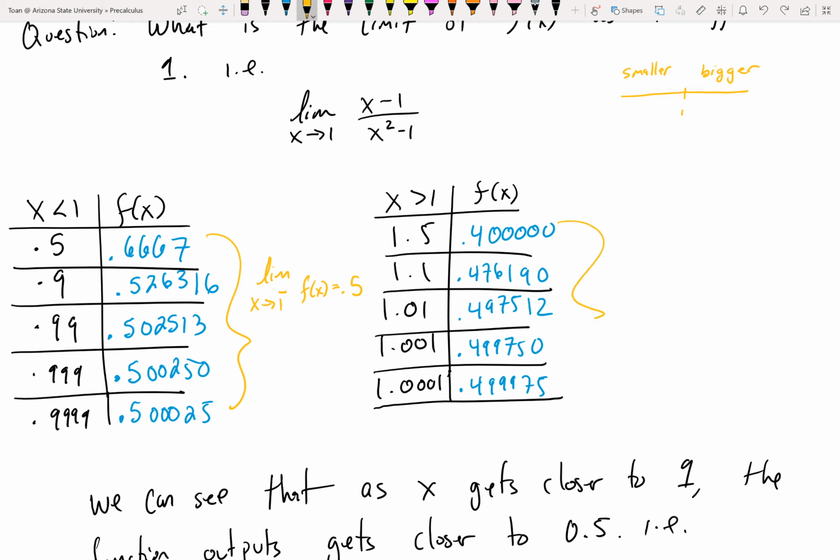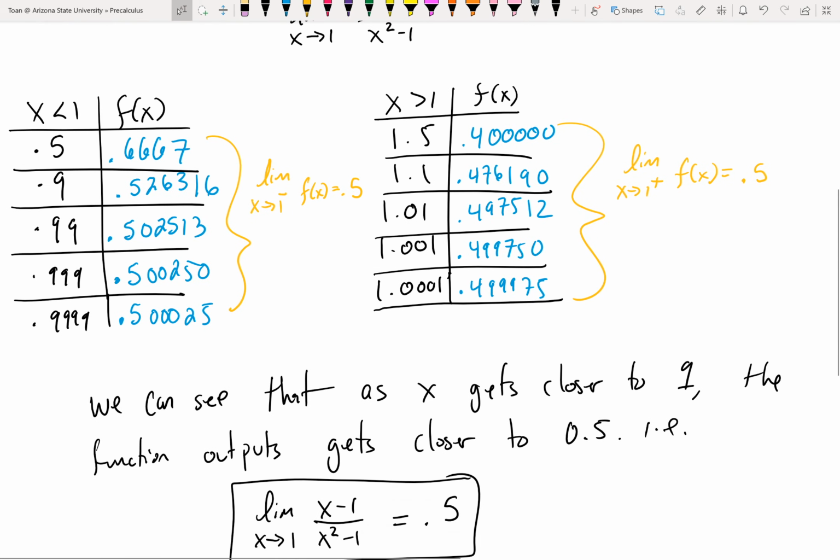But of course, we would also say the limit as x approaches 1 from the right, because those are the x values that we chose to look at, of the function is also 0.5. Notice how these two tables concluded the same thing.